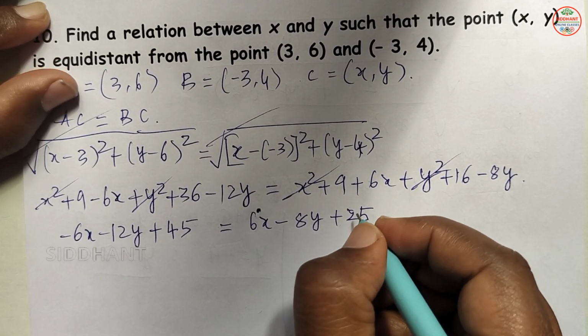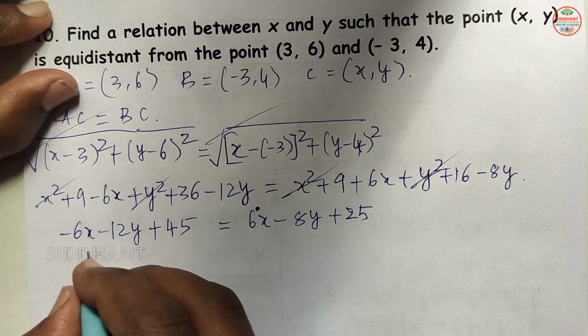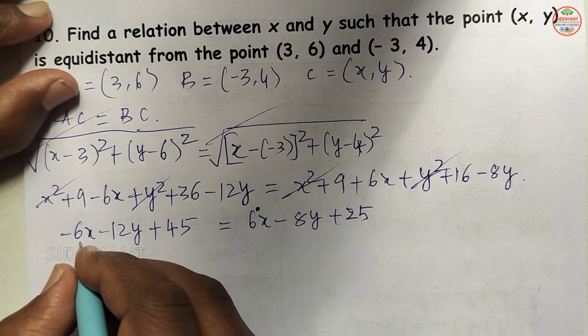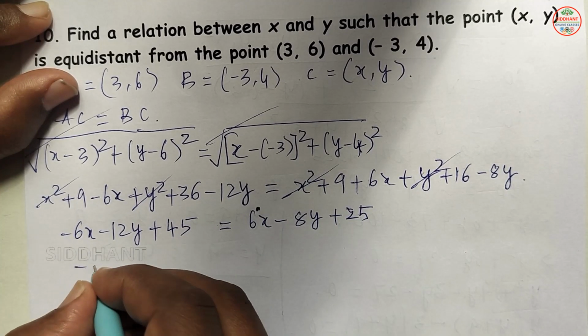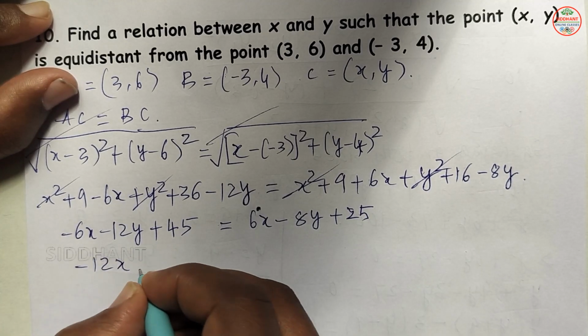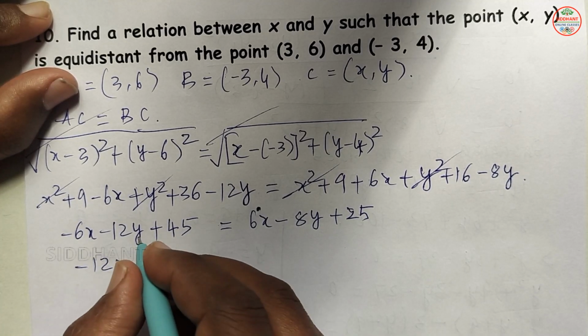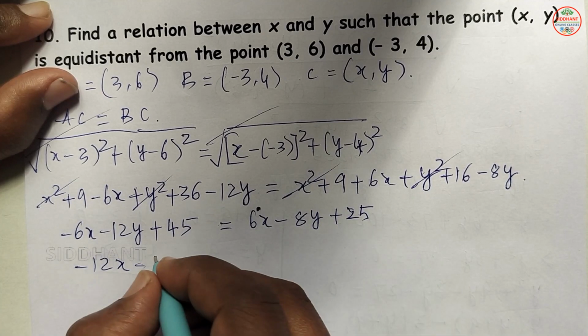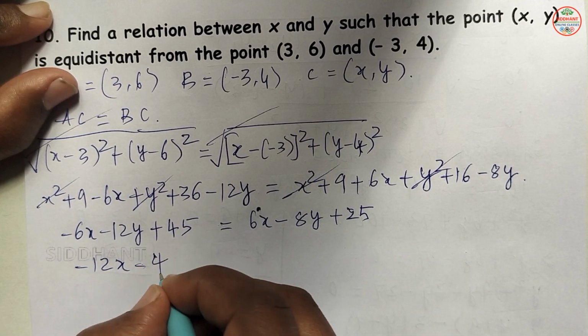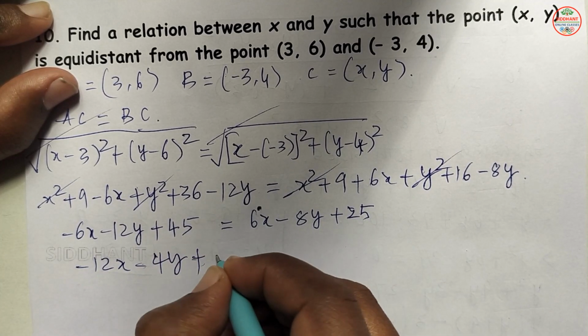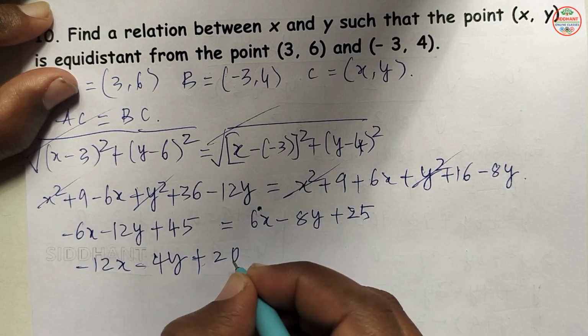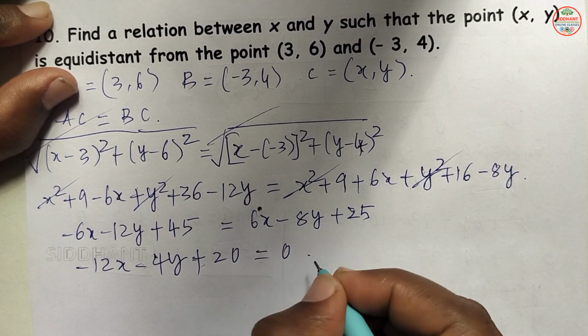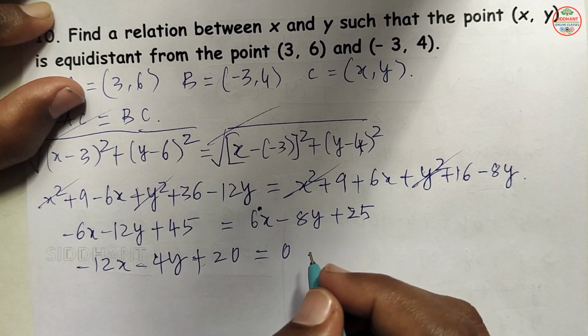So for x we get minus 6x minus 6x, minus 12x; for y, minus 12y plus 8y, minus 4y; and 45 minus 25, we get 20.